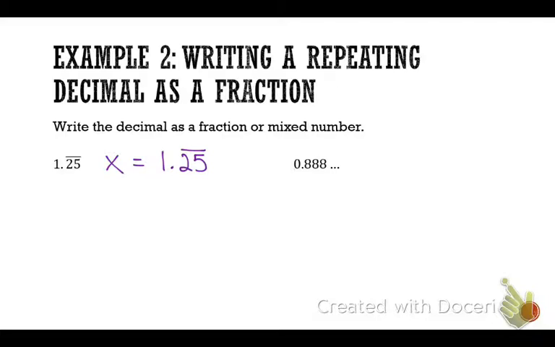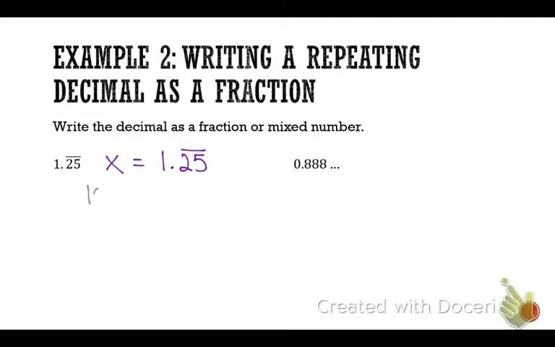Now I need to look. How many digits are repeating? 2. There are 2 digits repeating. Does everybody agree? So because 2 digits are repeating, I'm going to multiply both sides by 100, meaning 2 place values. Multiplying by 100 would move 2 place values.